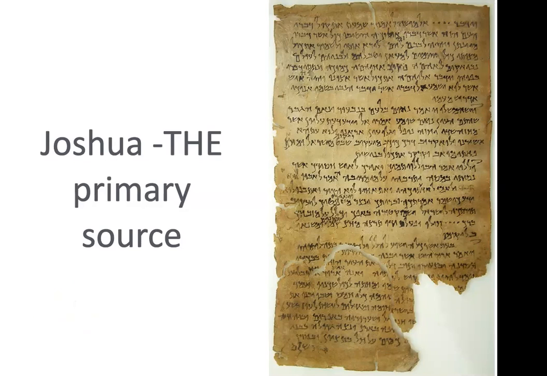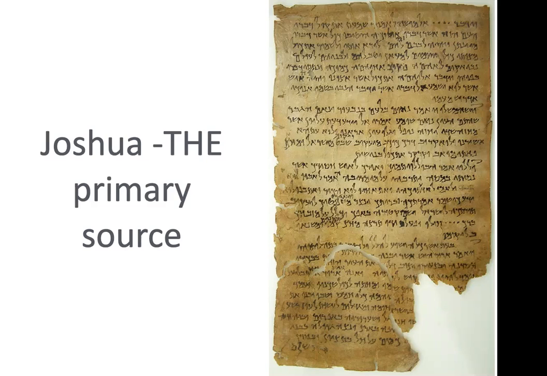The authorship is disputed. Rabbis ascribe the authorship of the book and of the last eight verses of Devarim to Joshua. Modern scholars have argued that it's a compilation of different authors, but we don't need to go through that.